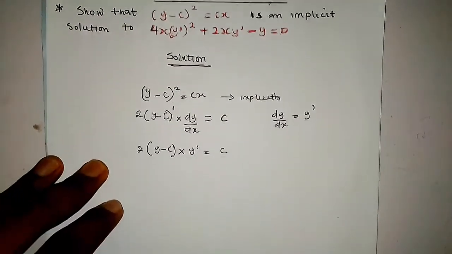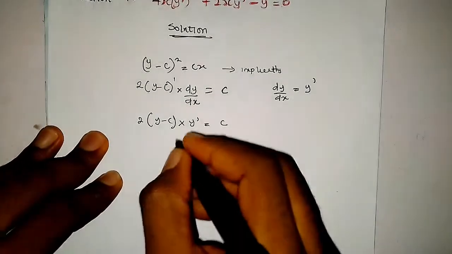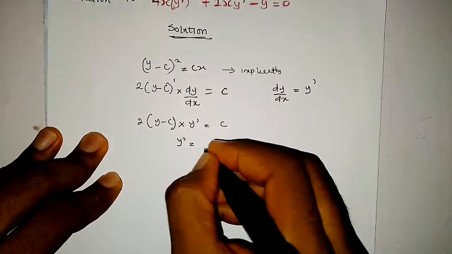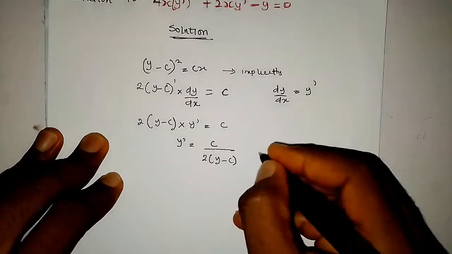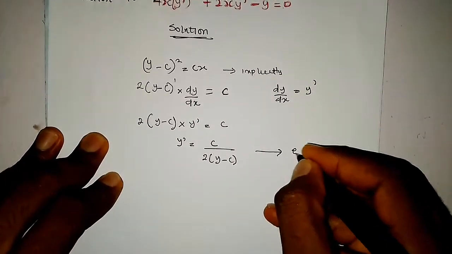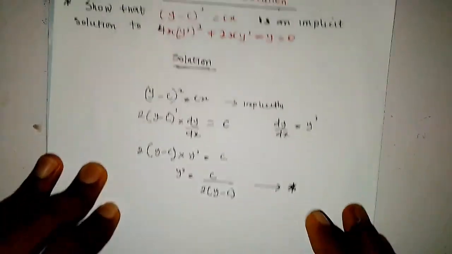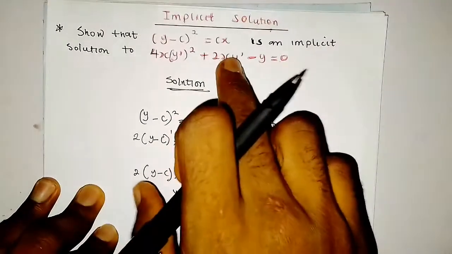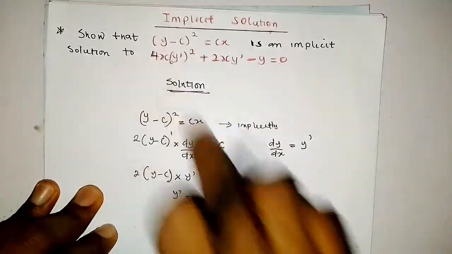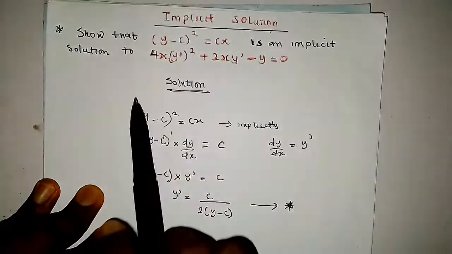Now making y′ the subject of the formula, we have y′ = c/(2(y − c)). Now we are going to substitute this equation into the expression. When we successfully substitute it, we have shown that this equation is an implicit solution.